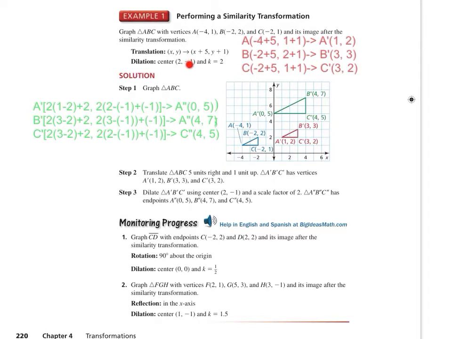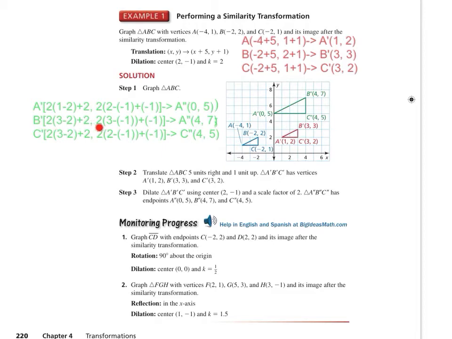So here's your -1. So 2 minus -1. That results in a plus. So 2 plus 1, which is 3. 3 times 2 is 6. And then 6 plus the -1, which again is the y value for the center of dilation. So 6 plus -1 results in +5.